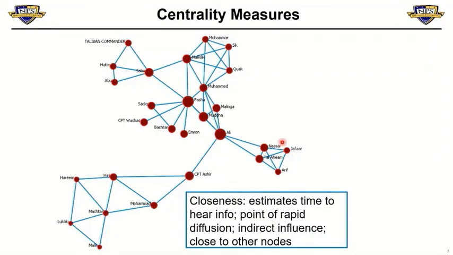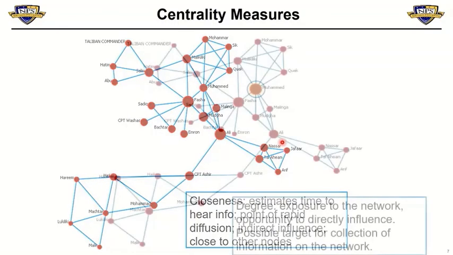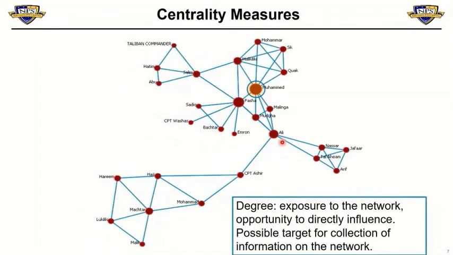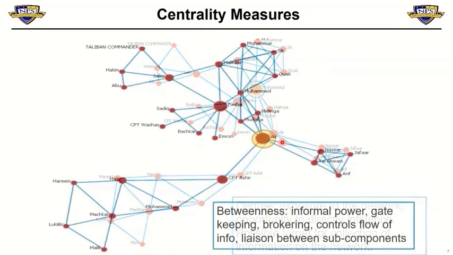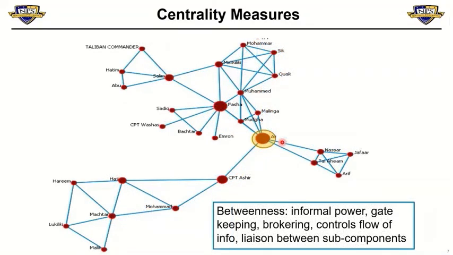Then we can apply closeness, and we can see how the graph shifts in terms of who are the important players in terms of closeness. And the same thing here for degree. We can see that Muhammad is the number one as he has the highest degree centrality. And then we can look at betweenness, and Ali turns out to be the informal power broker amongst the network.